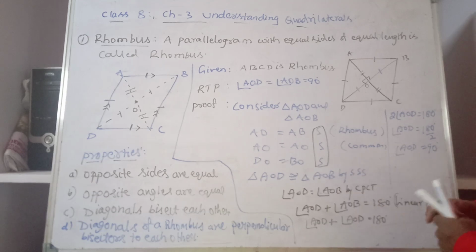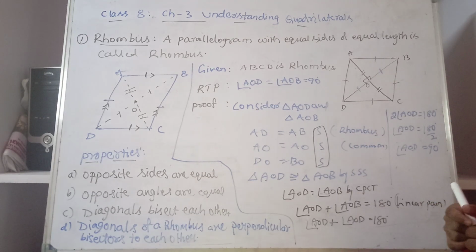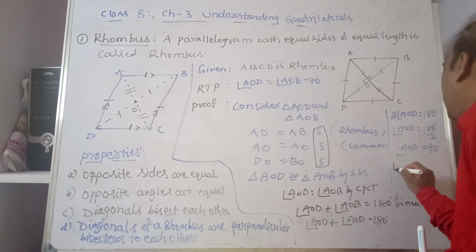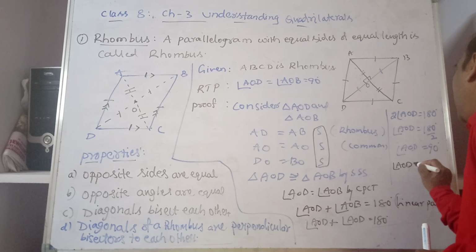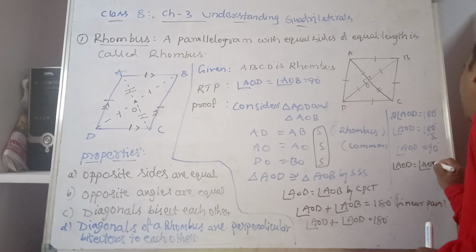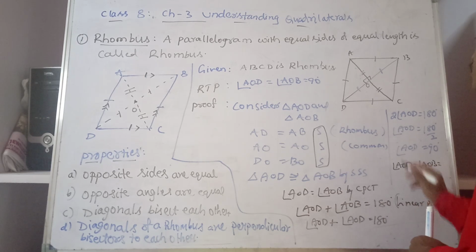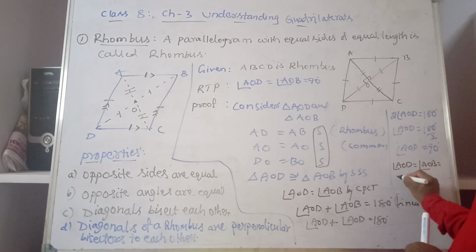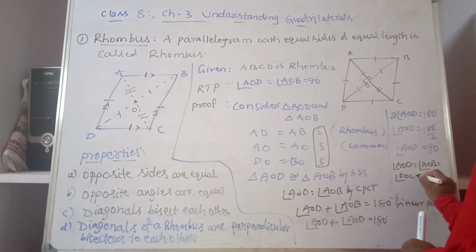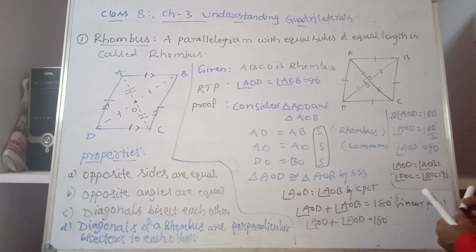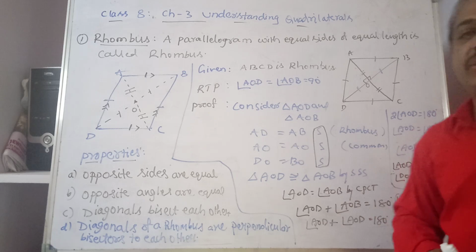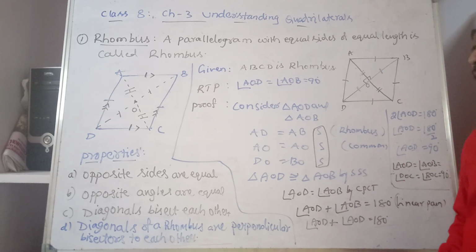That means the diagonals are perpendicular bisectors of each other. AOD is equal to AOB, and likewise angle DOC is equal to angle BOC, equal to 90 degrees. That can be proved. So, diagonals of a rhombus are perpendicular bisectors of each other.